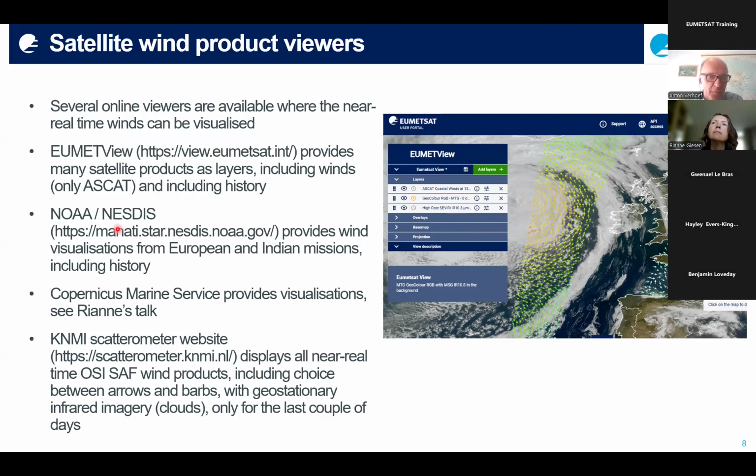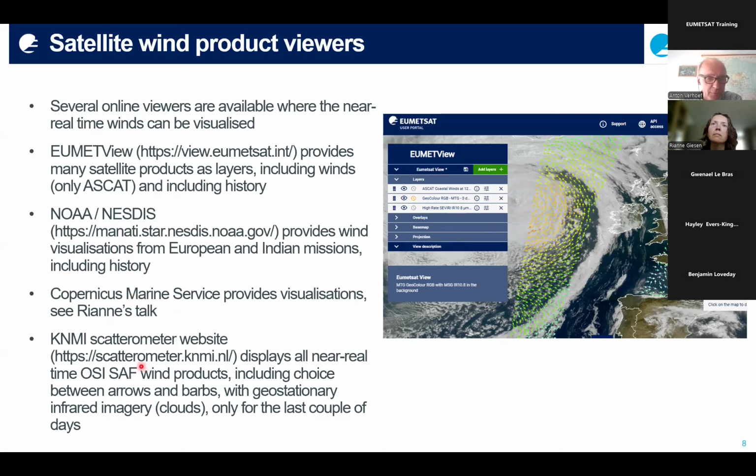Then there is a site from NOAA NESDIS. It also provides wind visualizations from European and Indian missions, including history. It's quite easy to access, and it's nice that you can go back in time very far. Then we have the Copernicus Marine Service visualizations, but Rianne will say more about that.